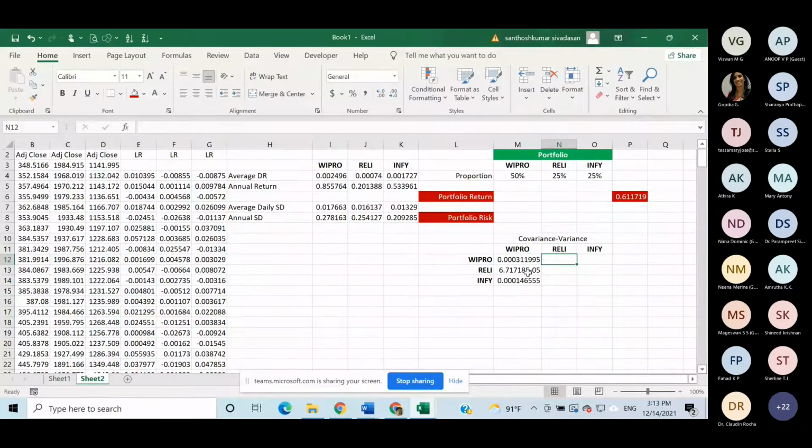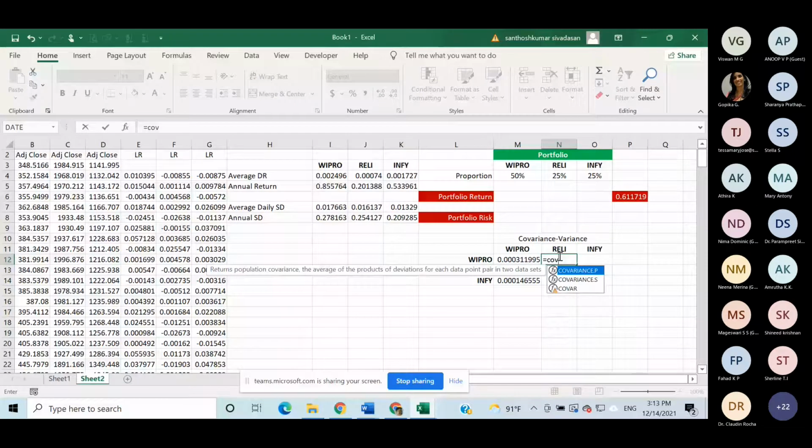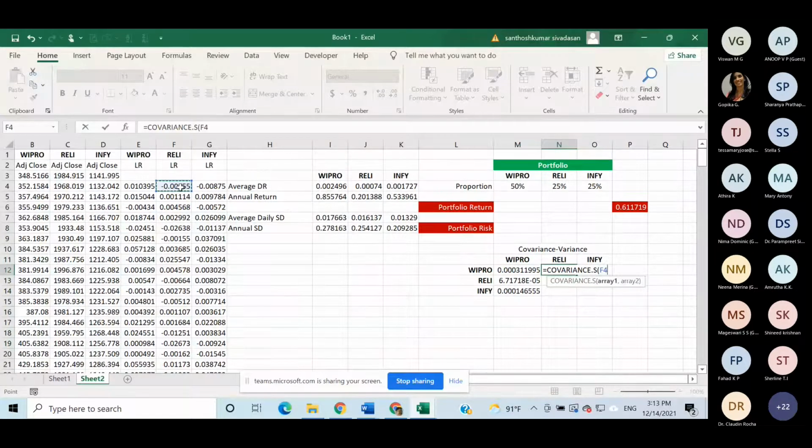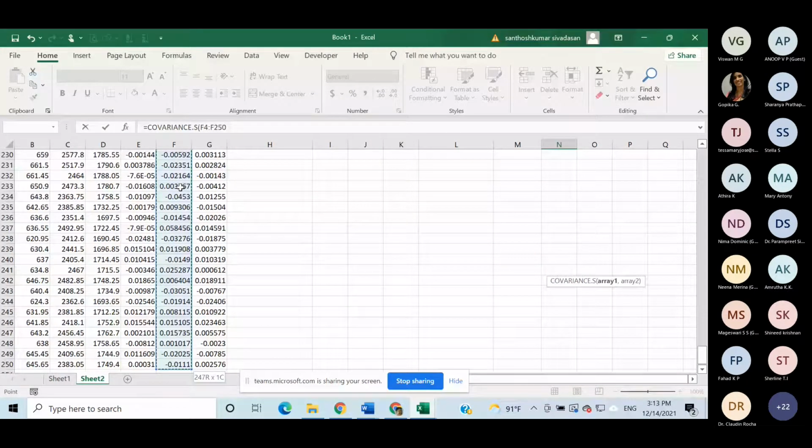You can copy this down or you can find it fresh. It is equal to covariance sample. So Reliance and Wipro. This is Reliance, Control Shift down arrow, comma. This is Wipro, Control Shift up arrow. Yes.